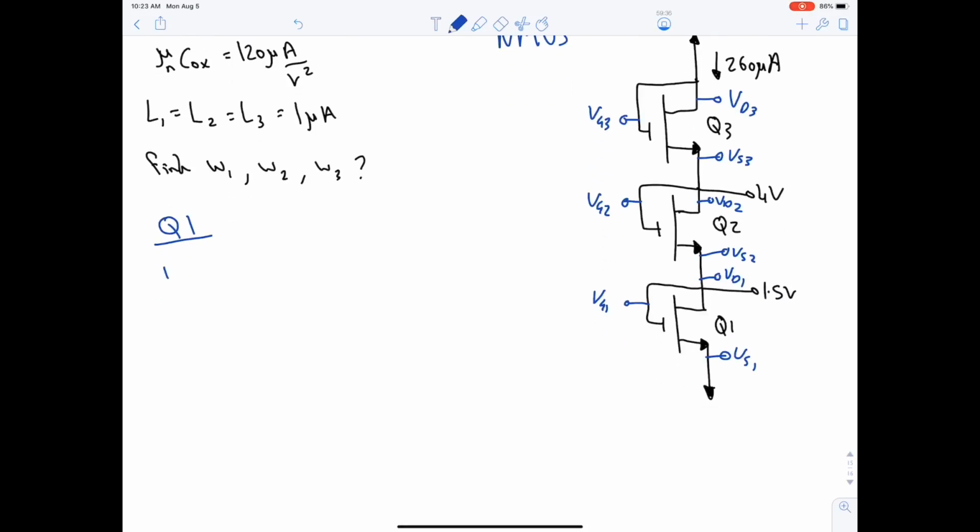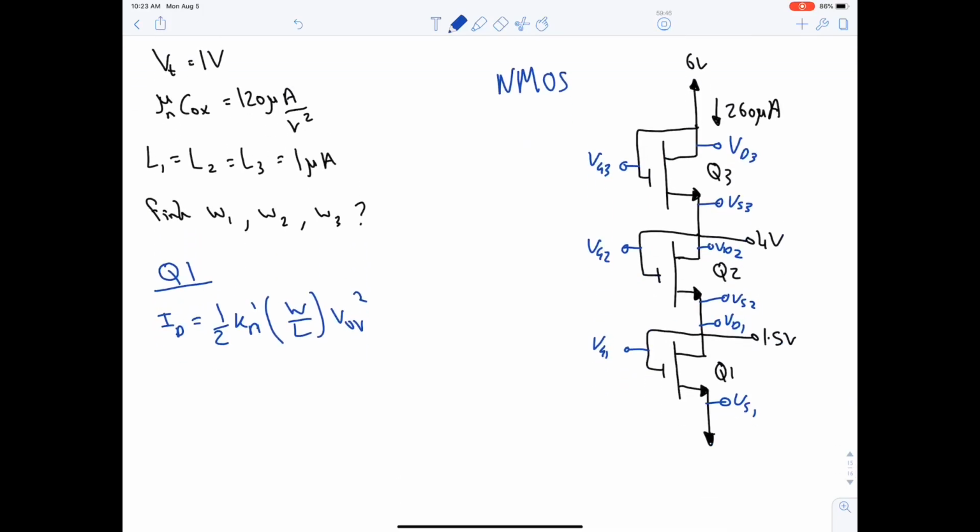So ID is equal to half Kn prime W over L VOV squared. ID is 260 micro, half, Kn prime is 120 micro, W1 is unknown, L1 is 1 micro, VOV is unknown, let's find it out.